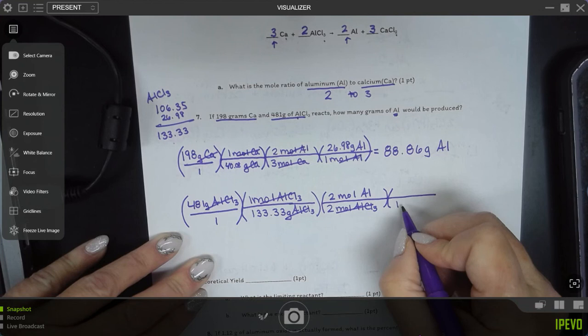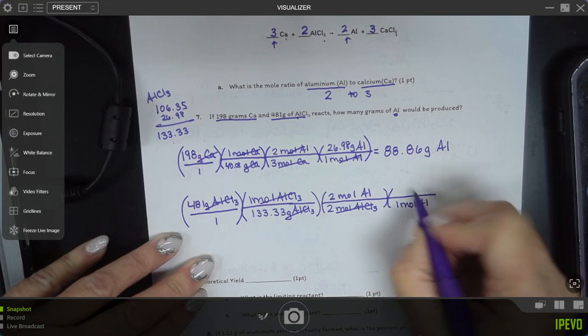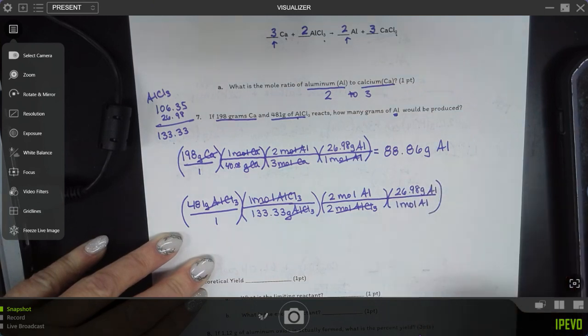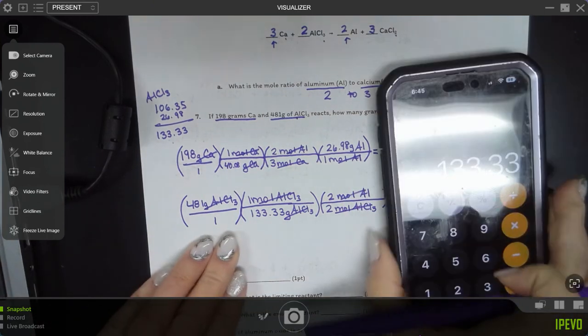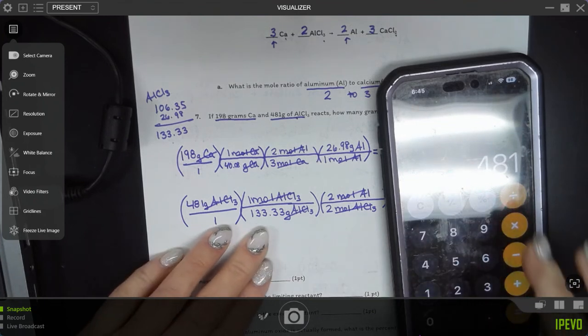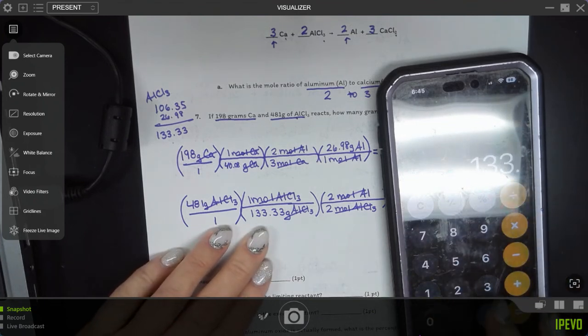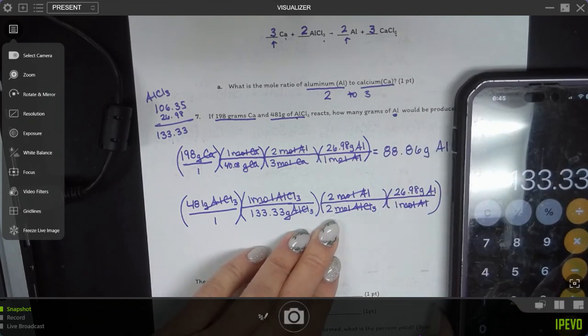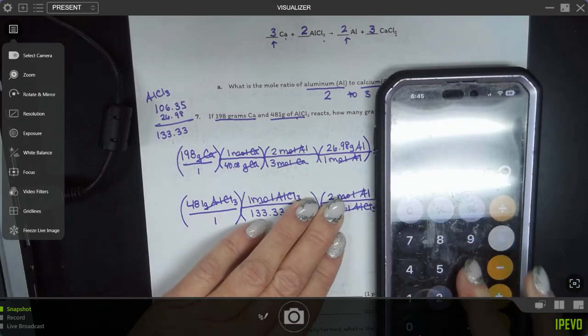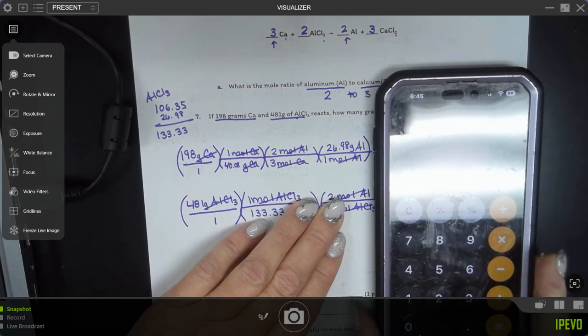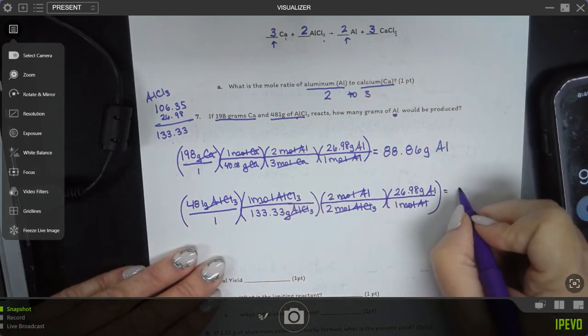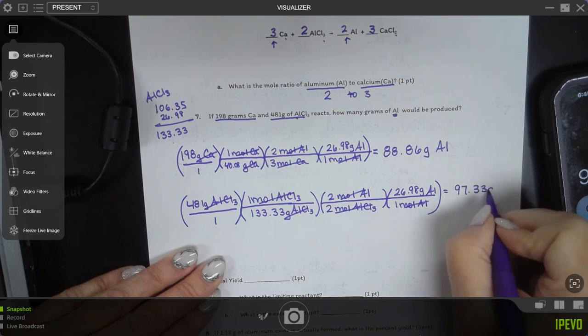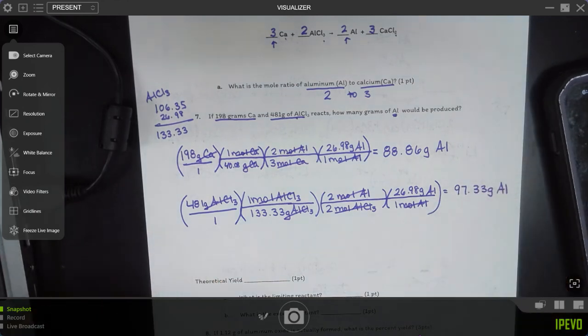So 1 mole of aluminum is equal to the molar mass, 26.98 grams of aluminum. And that will let our moles cancel out. Let's do this calculation. 481 divided by 133.33 times 2 divided by 2, that cancels, times 26.98. 97.33 grams of aluminum.